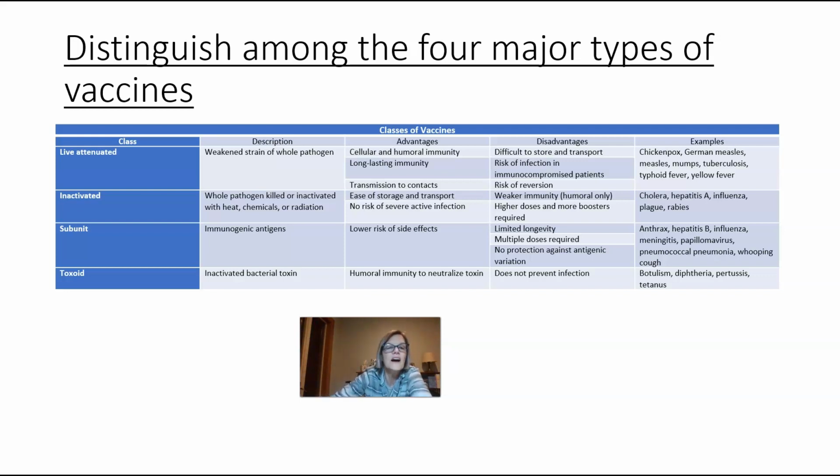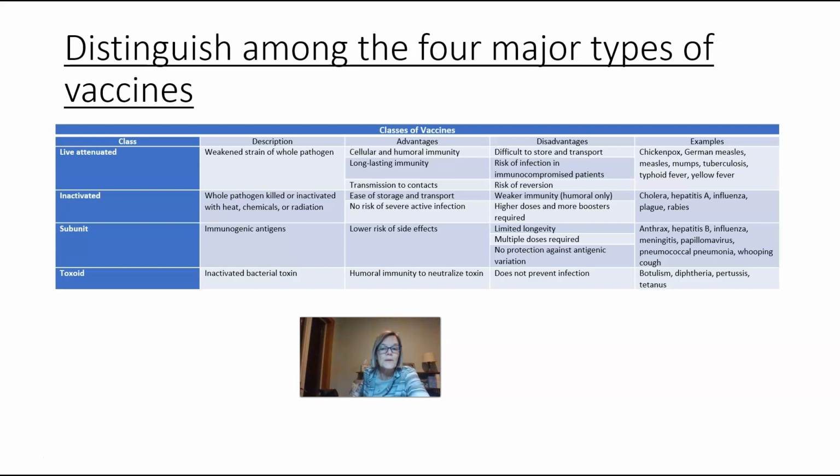The second of the four common types of vaccine says inactivated. So instead of putting a live but weakened virus in the patient as the vaccine, this is actually an inactivated virus. If it were a living organism, we would say it's dead. It's not able to infect cells.